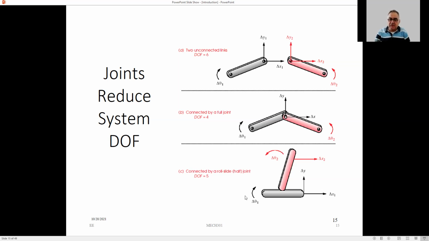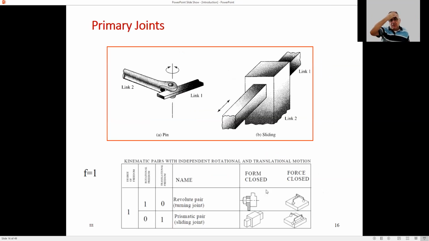For example, in this rolling and sliding joint, the degree of freedom is 2 because this pink joint can make 2 possible motions. One is delta x2 and the second is delta theta 2. So the degree of freedom of this joint is 2. The most important joints we have are revolute and prismatic joints.